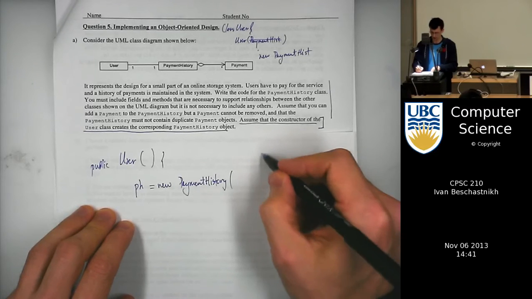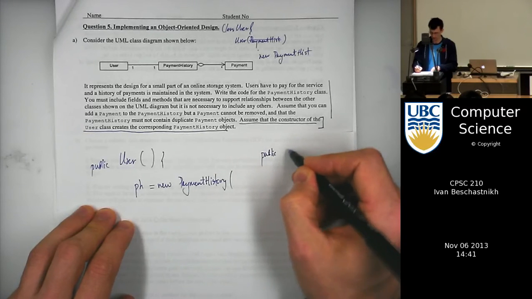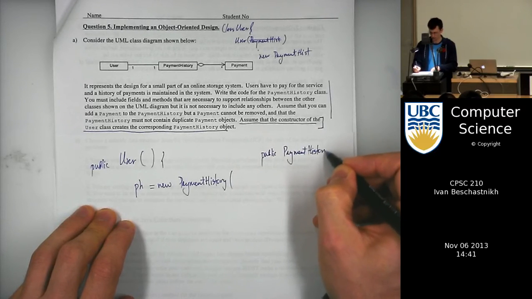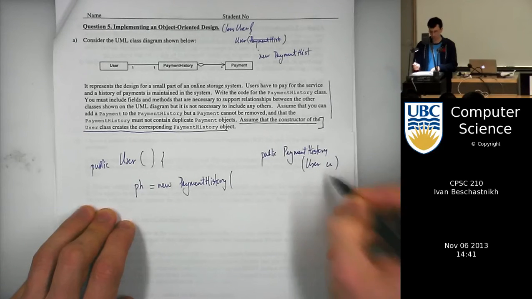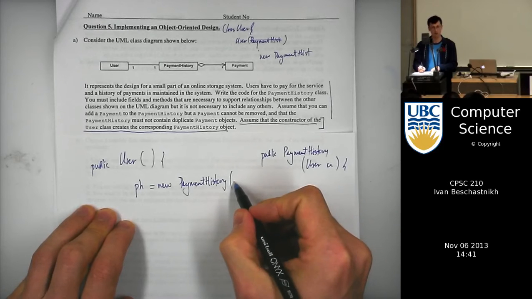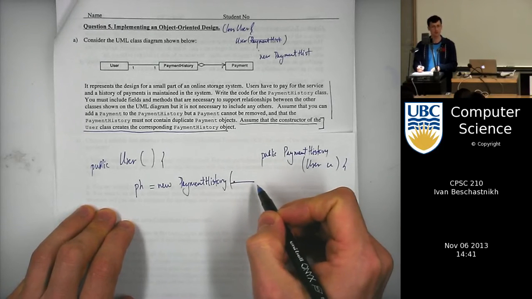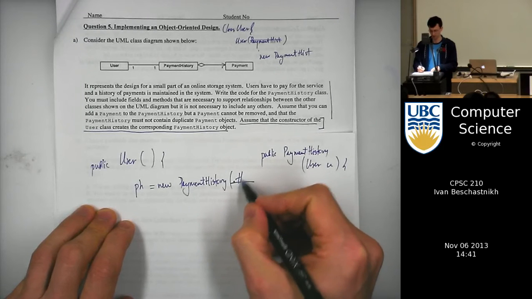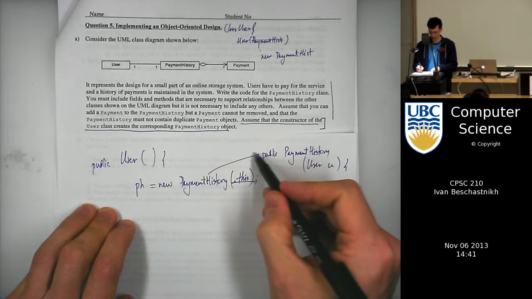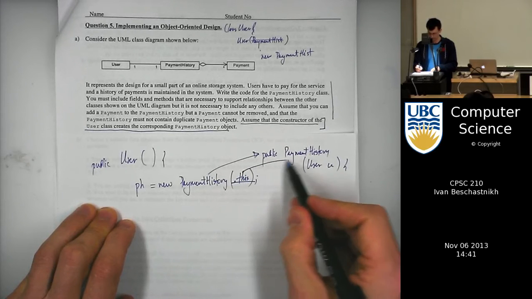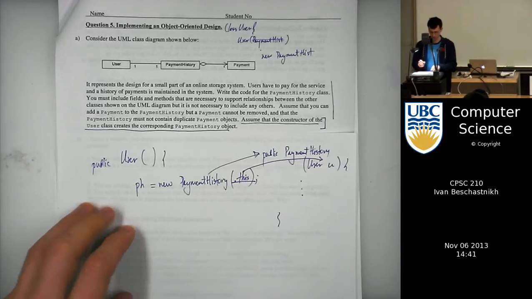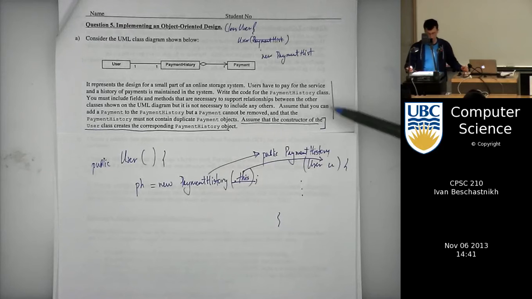So if your payment history constructor actually took user as an argument, user u, then in order for me to create a payment history, I have to pass a user. So what would be the user here? It would be this. Okay, so this is invoking this constructor, and it's saying that this is going to be the user u.